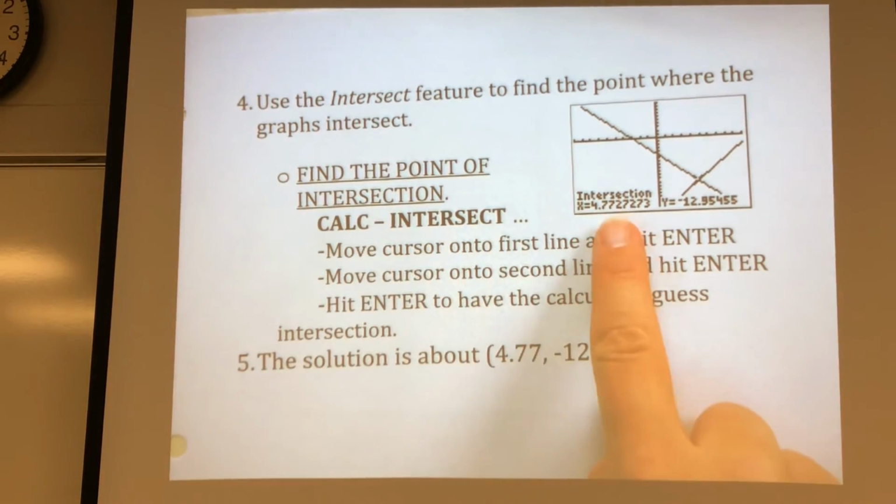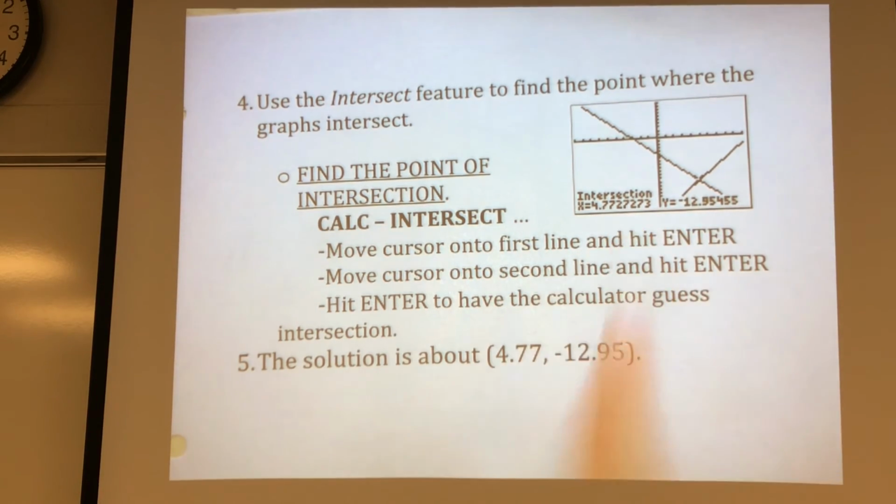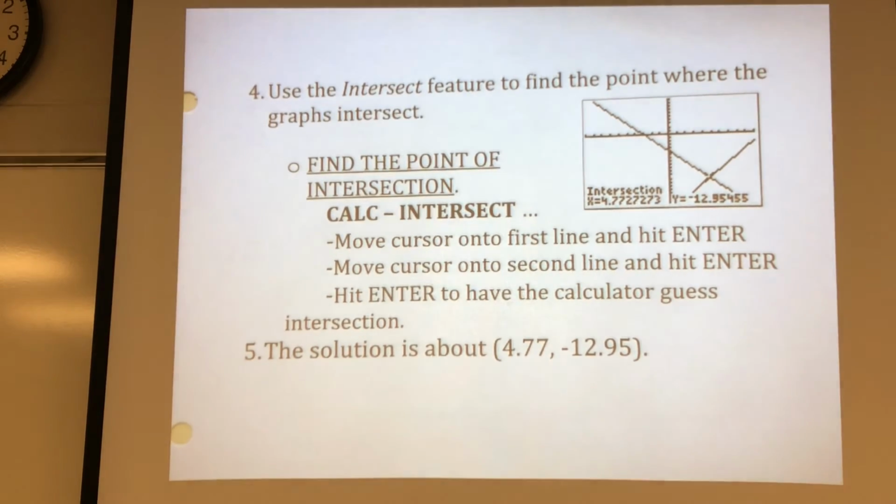And then your screen should tell you that the 2 lines are intersecting at approximately (4.77, -12.95). If you have any difficulty with getting your calculator to do that properly, please come see me and we can work through it. Most of the time when people get an error, it's because the intersection isn't on their screen. So make sure before you use your intersection option that you have changed your window to see the intersection.